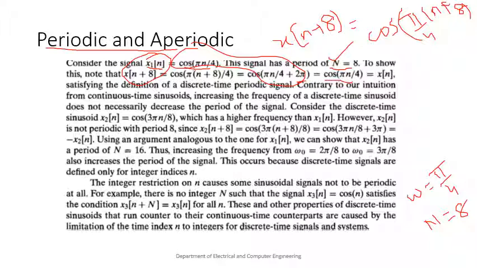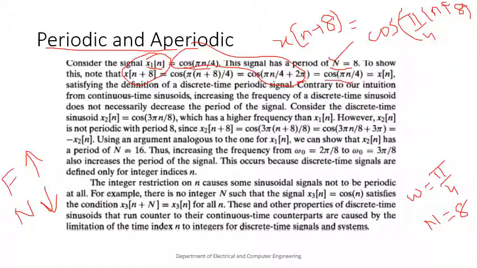It is not necessary that if we increase the frequency, the period will decrease. Normally, if we increase the frequency, repetitions happen faster, so the period should go down. But this is not true in the case of discrete signals.